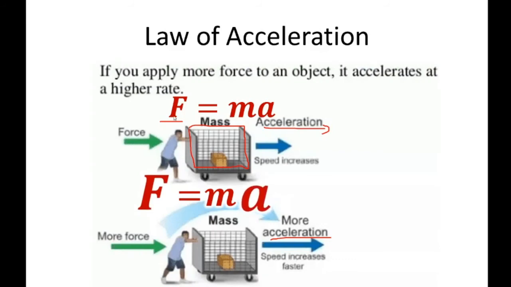This is just a very simple equation showing you the relationship: when there is an increase in acceleration, that means a greater force was applied. As acceleration increases, force increases, or as force increases, the object will accelerate more.